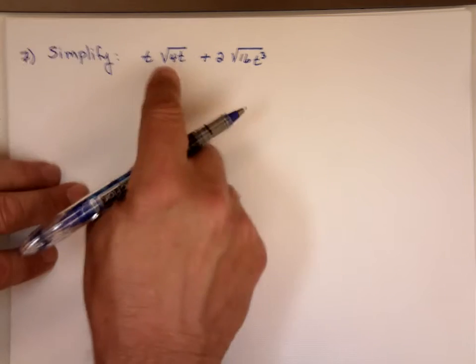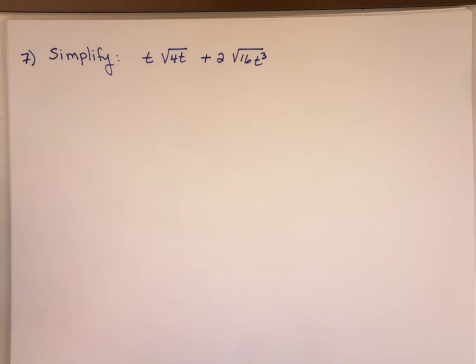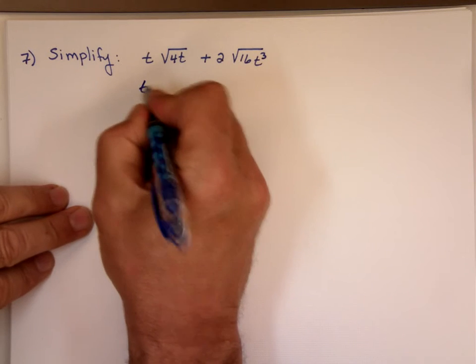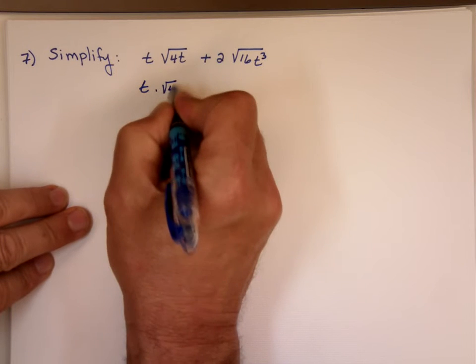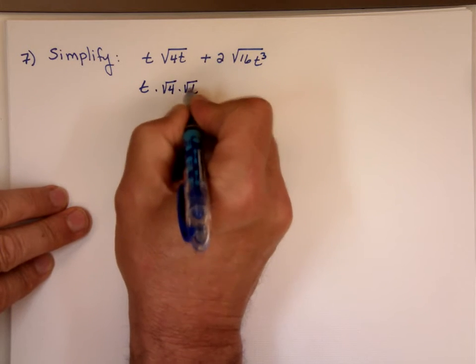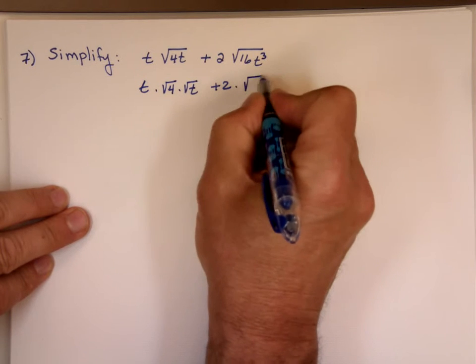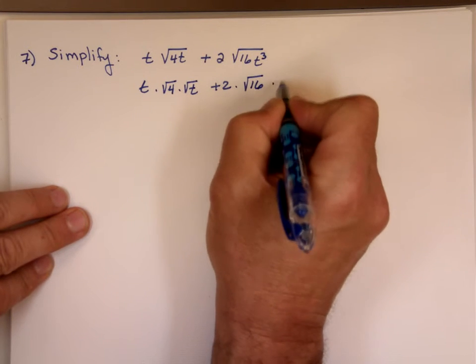Now the 4t I can break it down to 4 and t. This one I can break it down, the square root of 16 and t cubed.